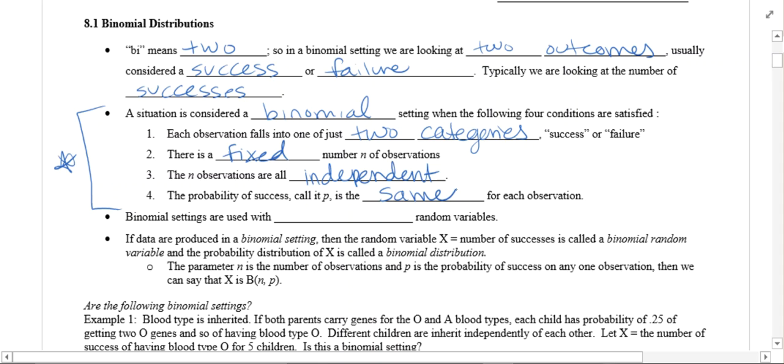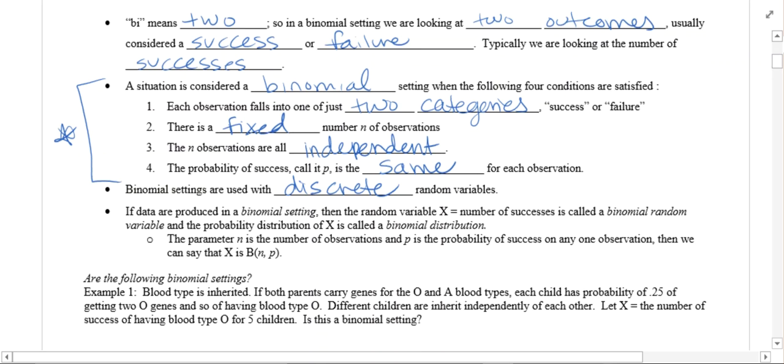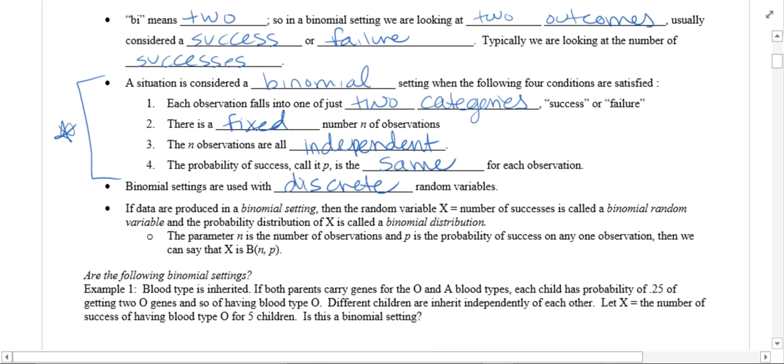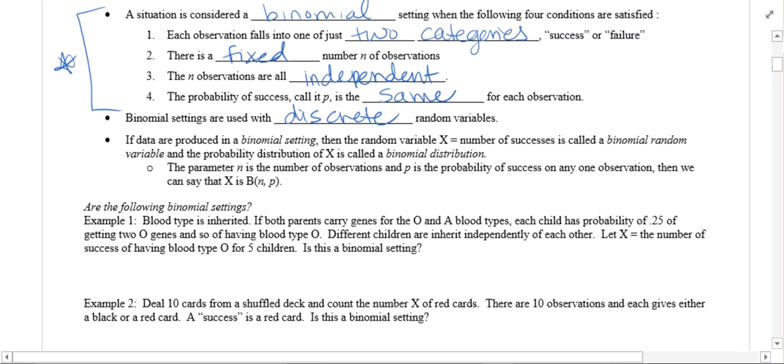Okay, so it doesn't change. And a binomial setting is used with a discrete random variable. So those 4 things. So technically, if something's a binomial setting, then you get a binomial random variable, and then it follows a binomial distribution.